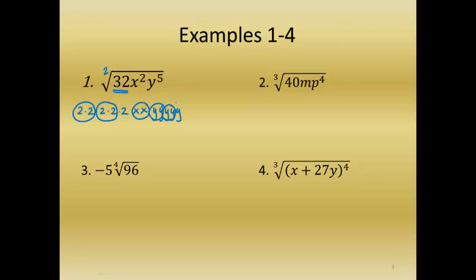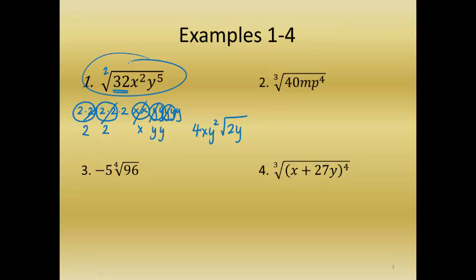Okay, so my partners there. Well, each of these produces a number that will go on the outside of the radical when I finish. So that means I have 4x y squared on the outside, leaving inside still a square root of 2y. So that is the simplified form of this radical here.